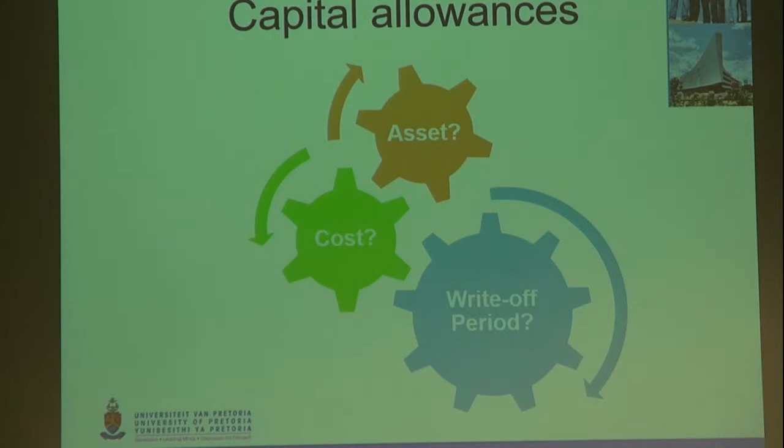Okay, once we know which cost we're using, we then go and look at what the Act says in terms of a write-off period. Does it give us a specific percentage, 20%, 5%? Does it tell us to write it off over a specific number of years? Okay, and then we apply that. We also have a look at whether the section tells us that we should apportion that asset's calculation or not.